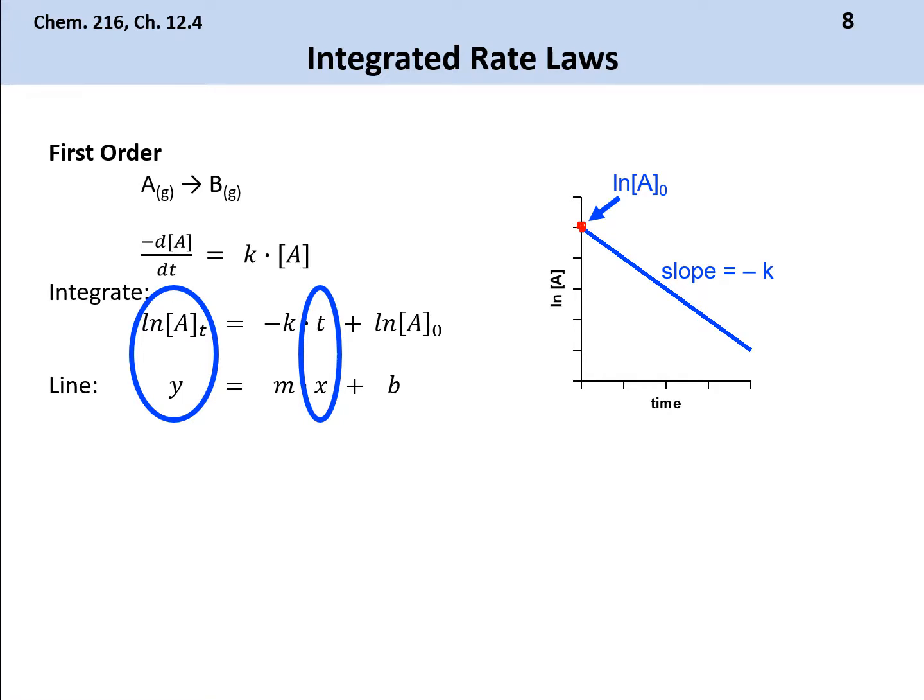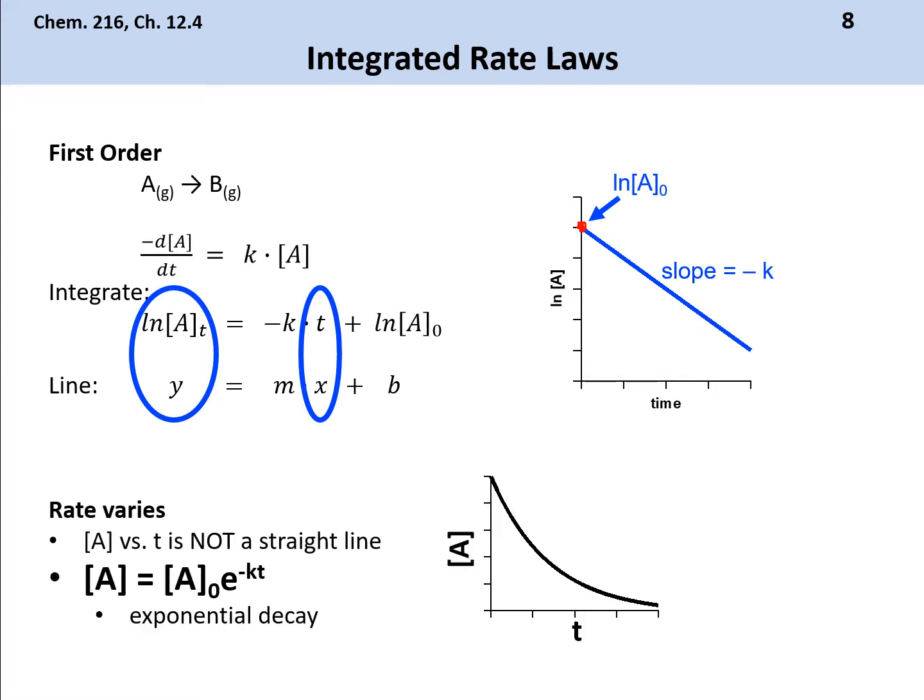All right. If I were to plot just concentration versus time, instead of ln of the concentration versus time, what I would get is not a straight line, I'd get a curve. And I would actually get something that follows this equation here: A equals A naught e to the negative kt, where A naught is the initial concentration, k is the rate constant, t is time.